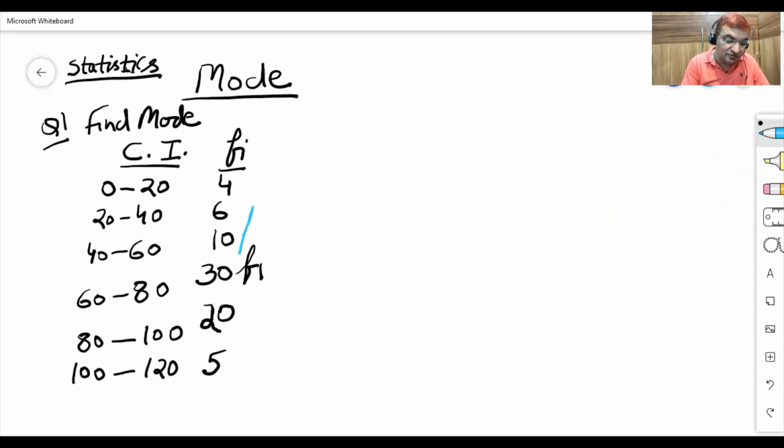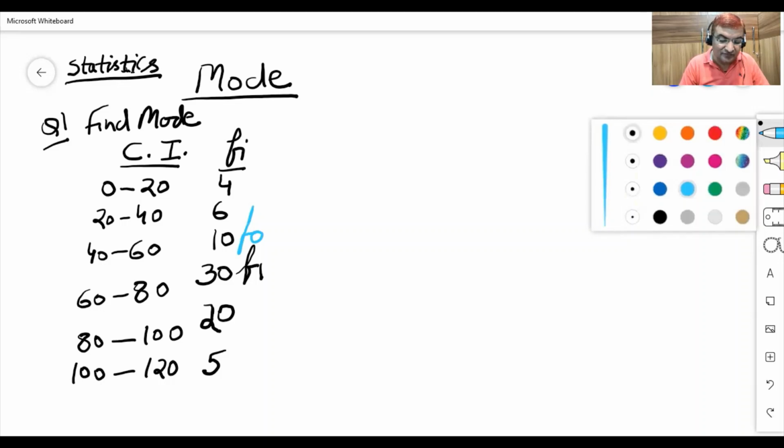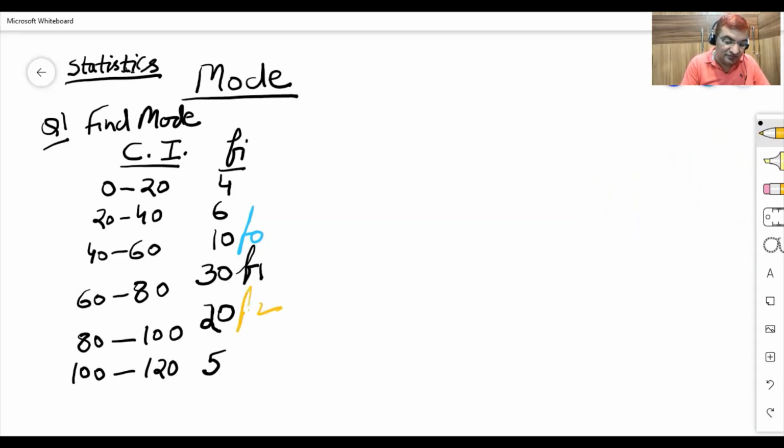Then just previous to it, the next value is there. It is known as F0. F0 means frequency which is just previous to F1. F1 से ठीक पहले, just previous, just prior to F1 is F0. And then there is this third frequency which is called F2. F2 means frequency which is just succeeding F1.